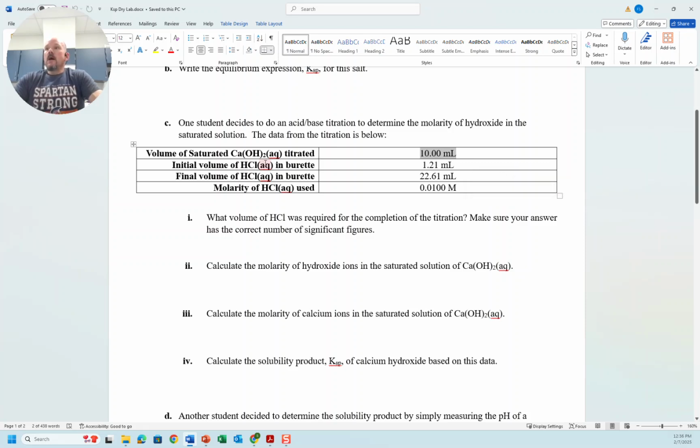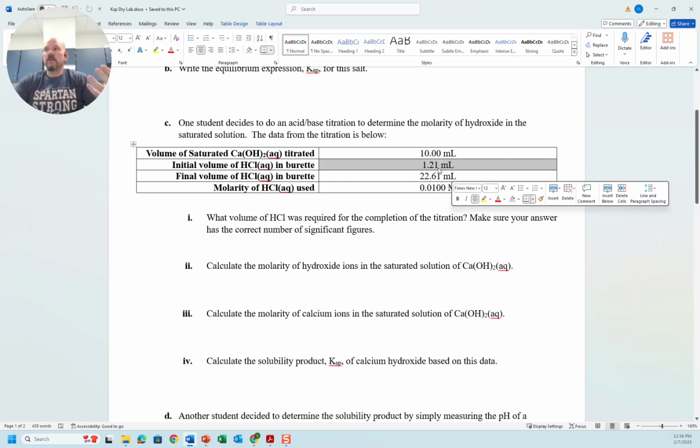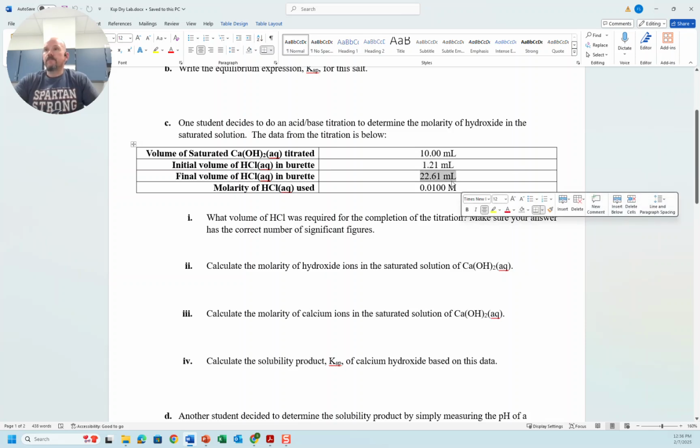We titrated it with HCl. We started with HCl in the burette, and the initial reading was 1.12 milliliters. We slowly added the HCl to the calcium hydroxide until we reached the equivalence point, or the end point of the titration, and the final reading was 22.61.